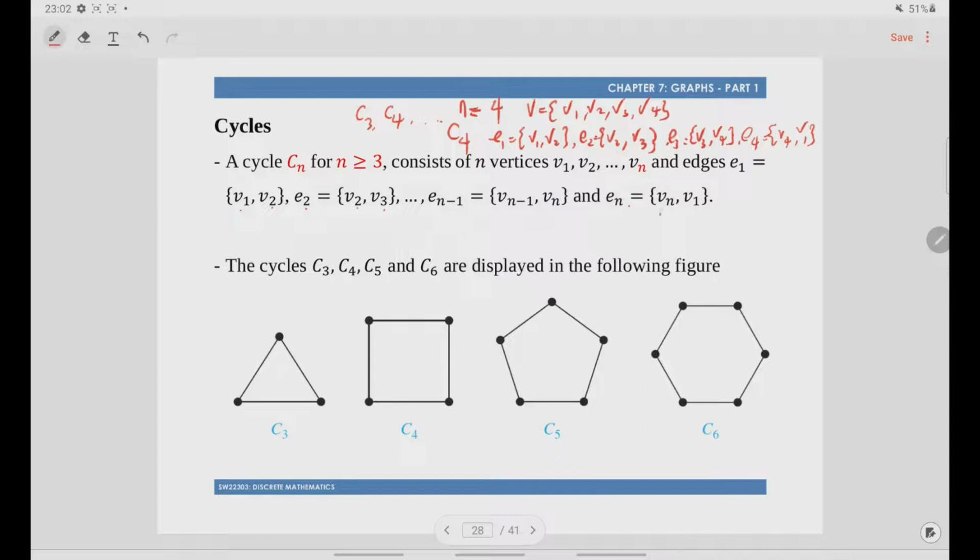Since n equals 4, it ends with E4 equal to V4, V1. So that is the cycle C4.